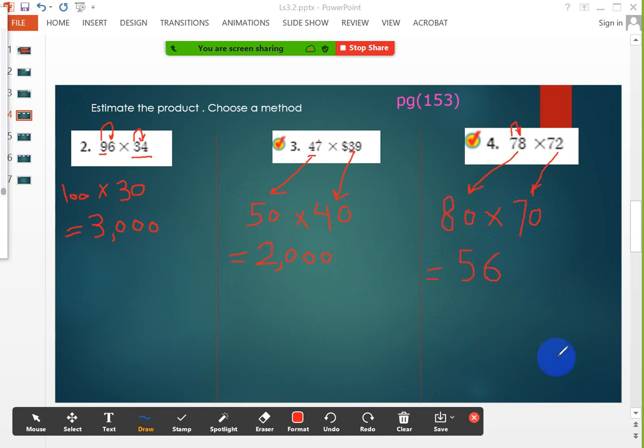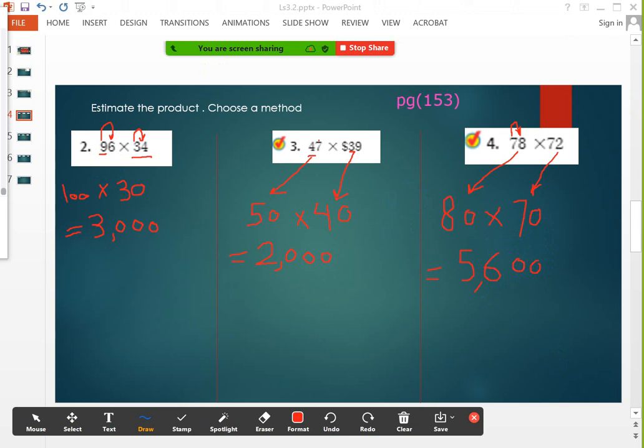Very good. Equals 56. And I have to put two zeros next to the answer. So the final answer will be 5,600.